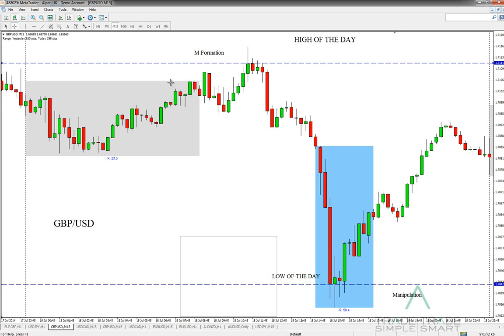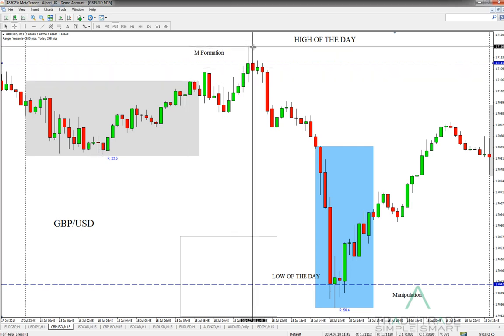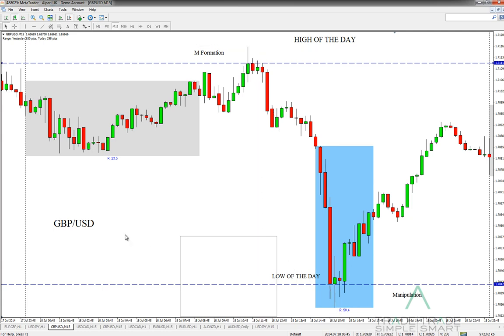Okay, so if we measure the range from the high down to the low of the day, we have an 81 pip range. Most retail traders will not have an 80 pip stop. So more than likely, most of the traders who are induced or trapped at this level will be stopped out.